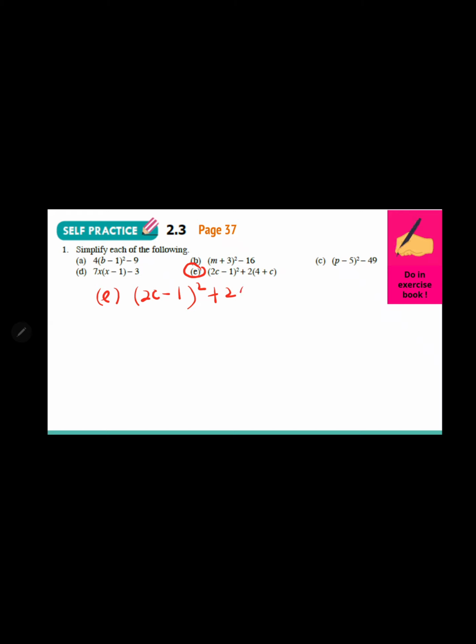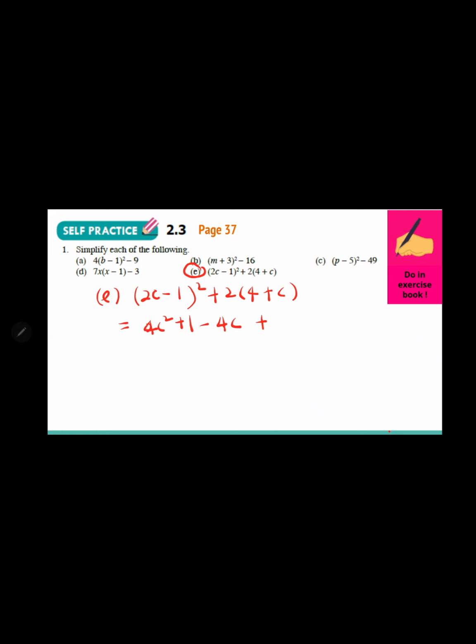I copy the question. I think this one you have to expand. 2C, 4C square plus 1 minus 4C.